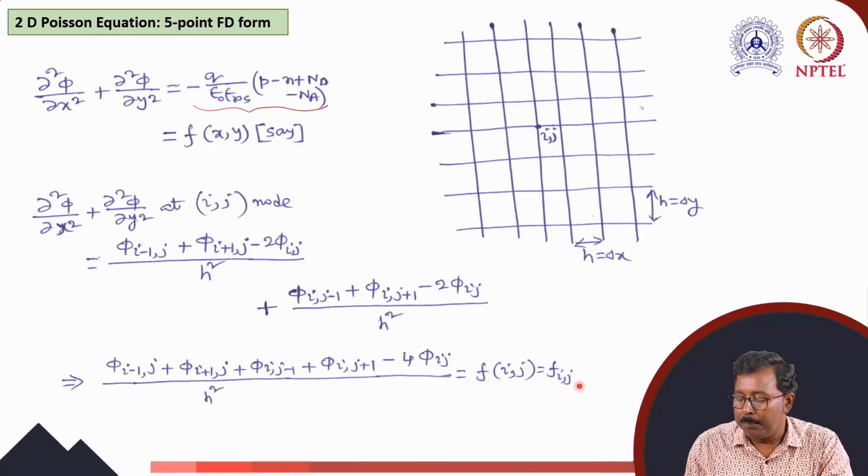The right hand side function is at node ij. So this is the 5-point formula you can use, and we will apply this to solve a particular problem.